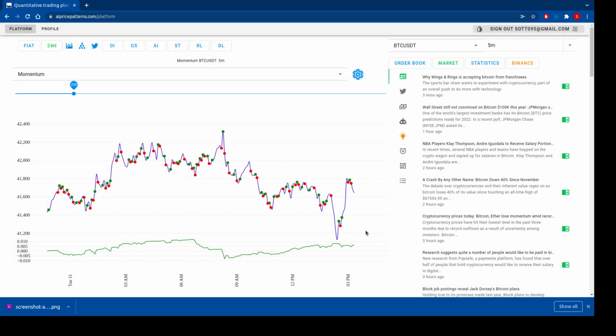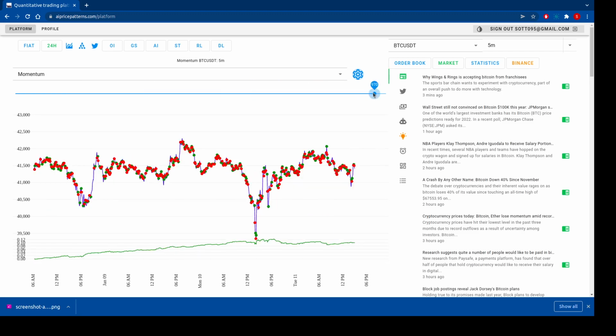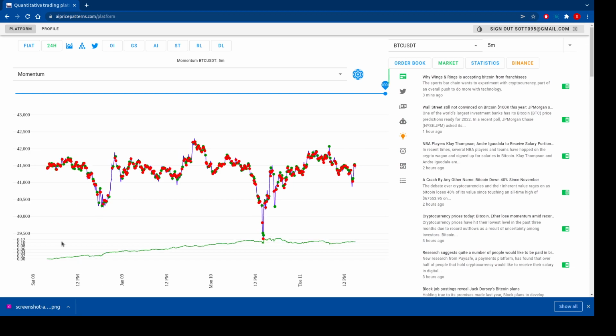It means we see some green bar or red bar, and if we see this one, we find some profitable ideas.